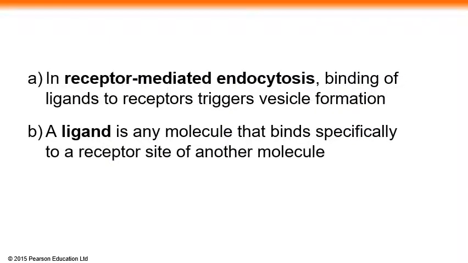In receptor-mediated endocytosis, binding of ligands to receptors triggers vesicle formation. A ligand is any molecule that binds specifically to a receptor site of another molecule.